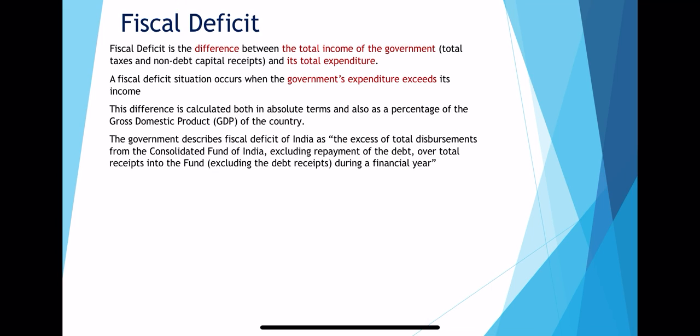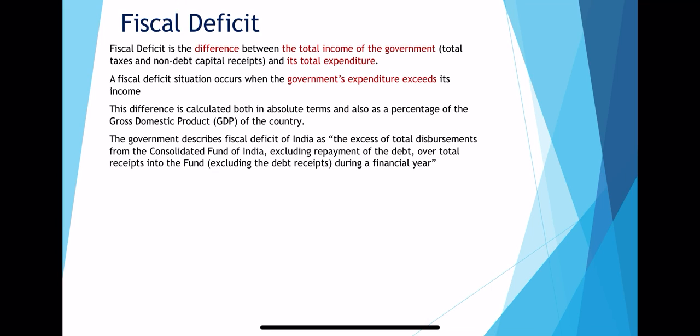But the thing we have to remember is that when the government uses Consolidated Fund of India money, we have to exclude repayment of the debt. Whatever money apart from this the government is using will be considered as expenditure.